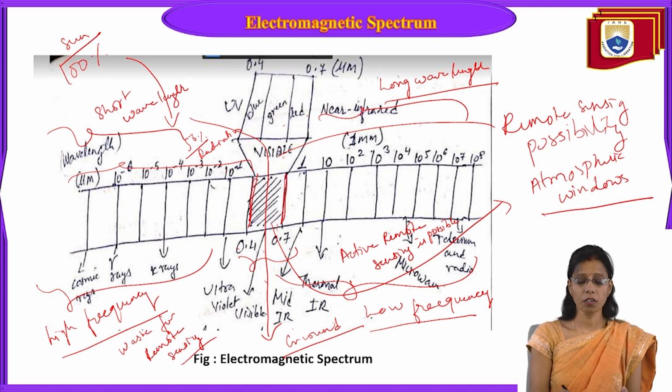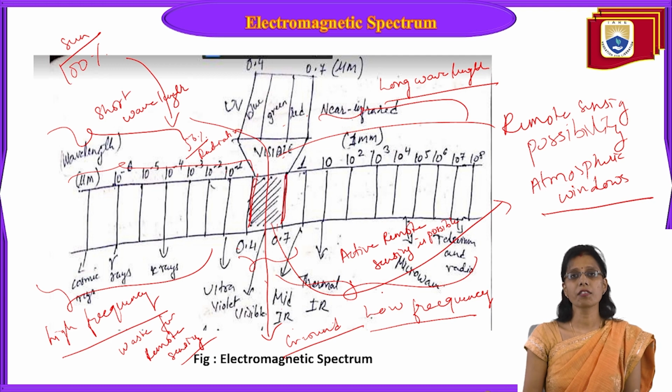So these kind of regions are helpful for us for active remote sensing because it is having the all-time capability. That's why we are able to communicate with the telephones, and we are able to communicate with the television or through navigation and all. It will be possible due to these active remote sensing regions only.